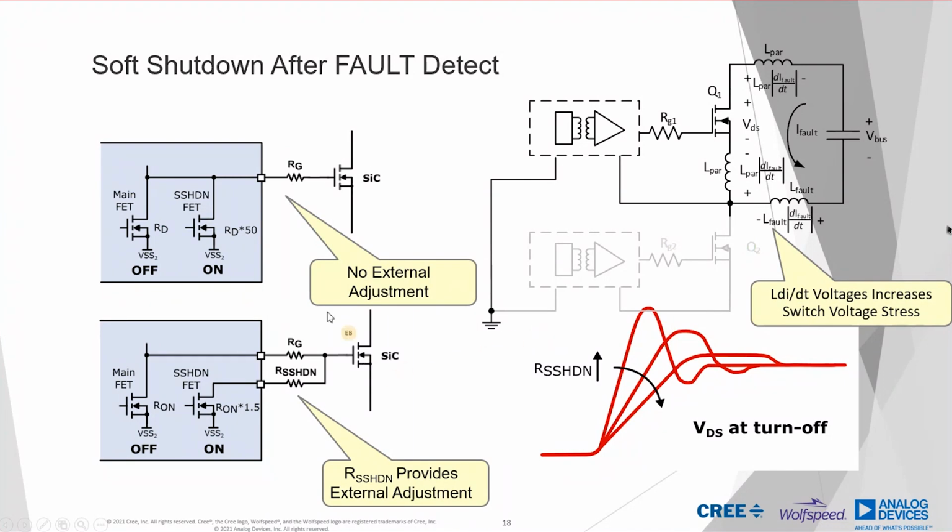So it's important that when you're choosing the turn off, it's going to be a little slower than the normal turn off, because you have a higher current, so you don't want to turn off as fast, but you also don't want to turn off too slow, because then you're going to spend too much time in that power. So having the ability to externally adjust your turn off is very important, especially for the larger silicon carbide devices.